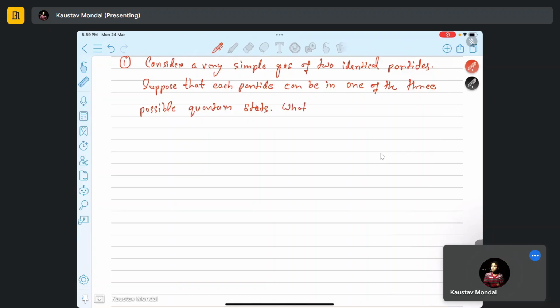What will be the probability of having both particles in the same state?